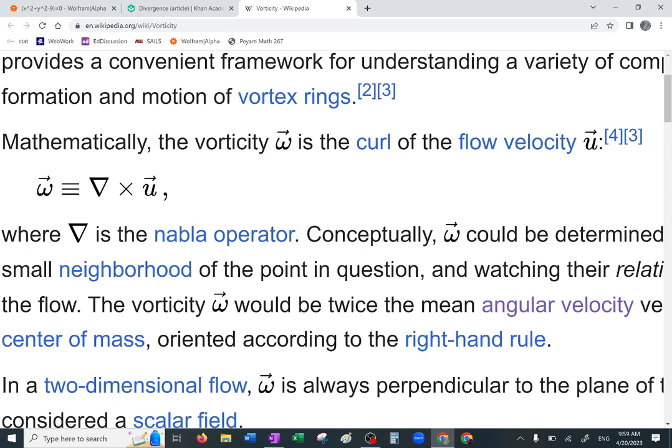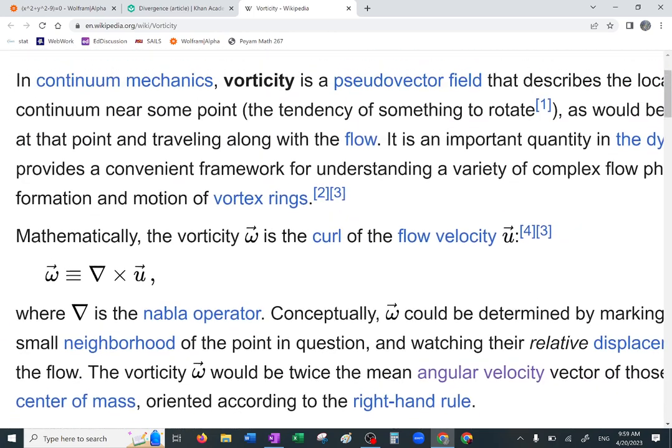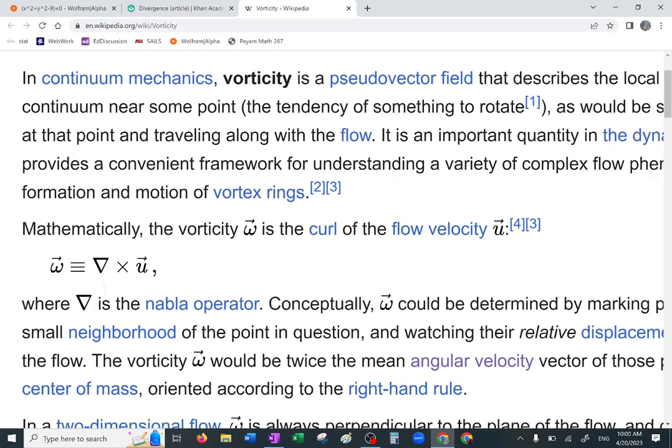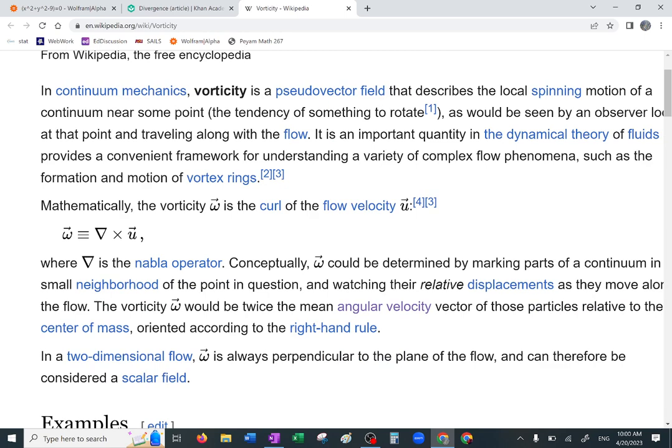That makes sense. So just the curl tells you where things rotate. But vorticity talks about also flow velocity, so speeds. And they check vortex rings and stuff like that. It's a complex flow phenomenon, such as formation and motion of vortex rings.